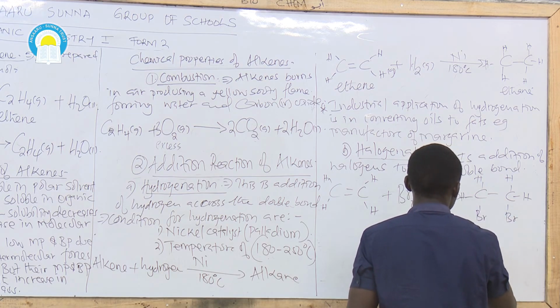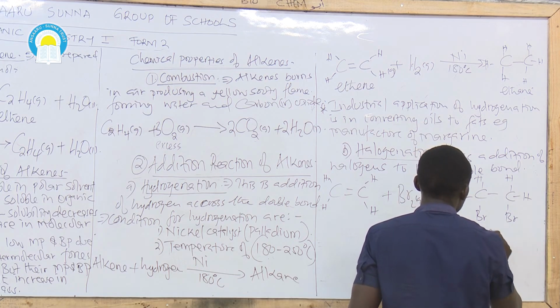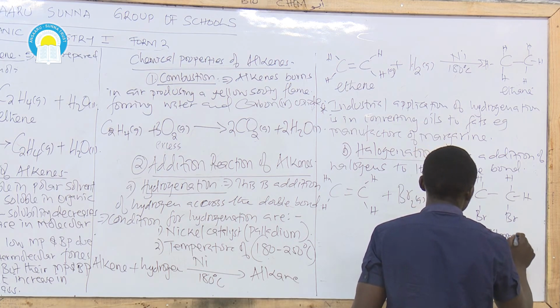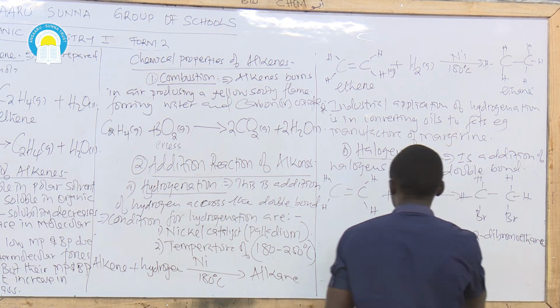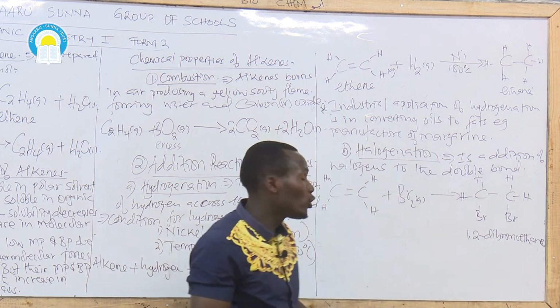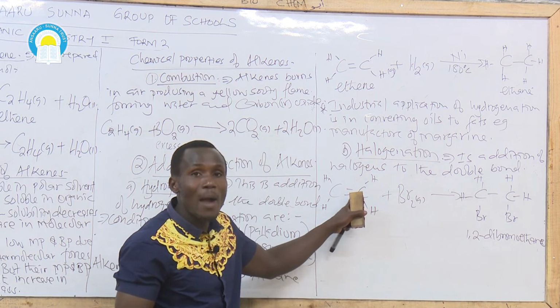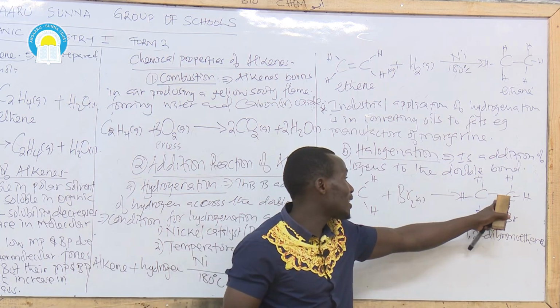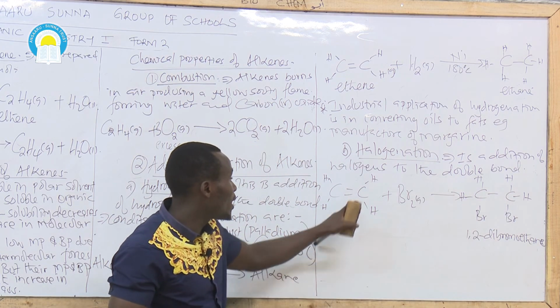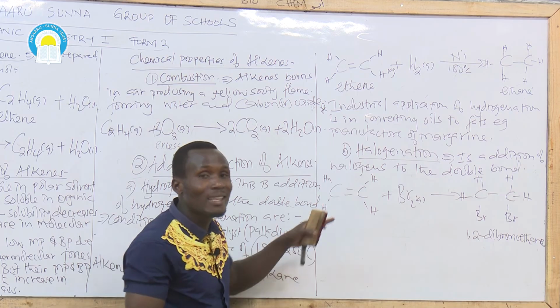We call this 1,2-dibromoethane. So an ethene changes to ethane because the double bond has opened up. Now we have a single bond. Single bonds are characteristic of alkanes, while the double bond is characteristic of alkenes.